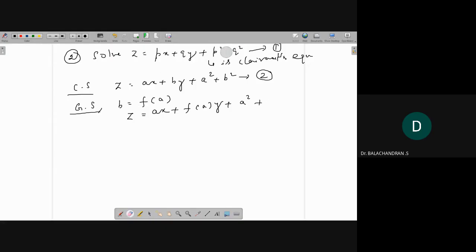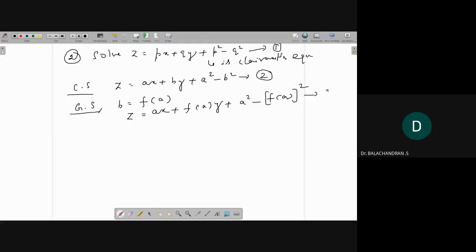This is minus b square, and b is f of a whole square.